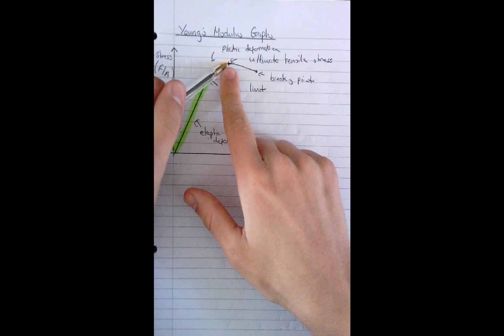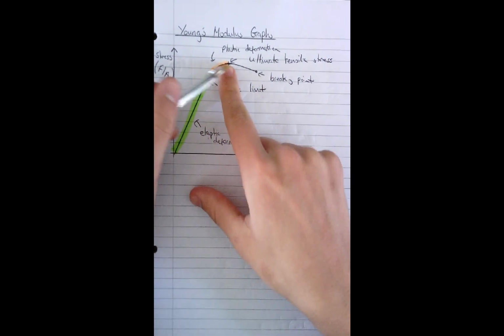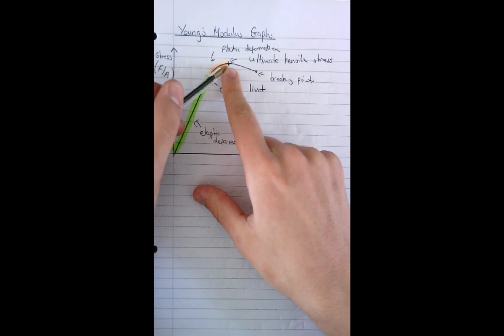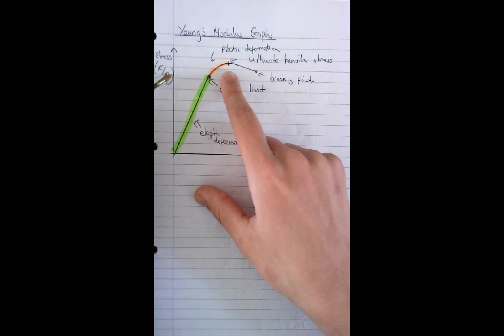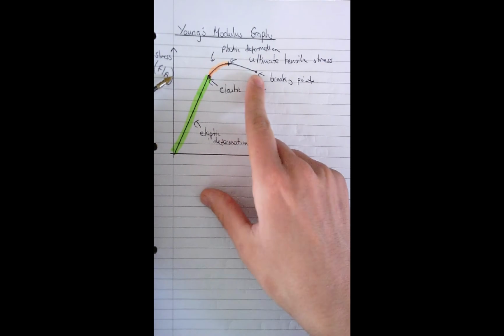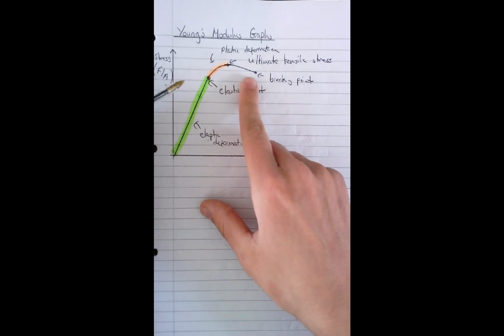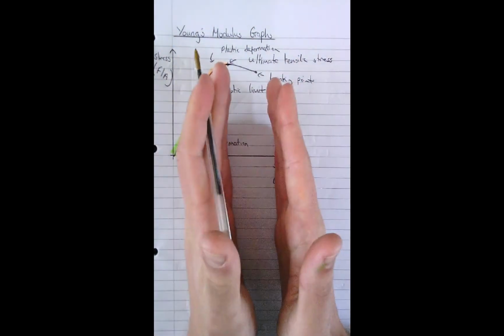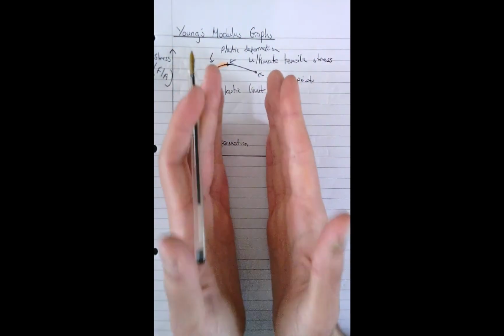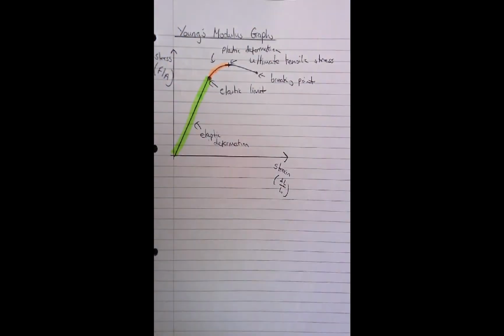What's slightly strange if you think about it is that you're not adding as much force, but you're still getting an extension. In fact, the force the material is holding is actually going down, but your extension is still going up. And this can actually be for quite a large proportion of the graph.